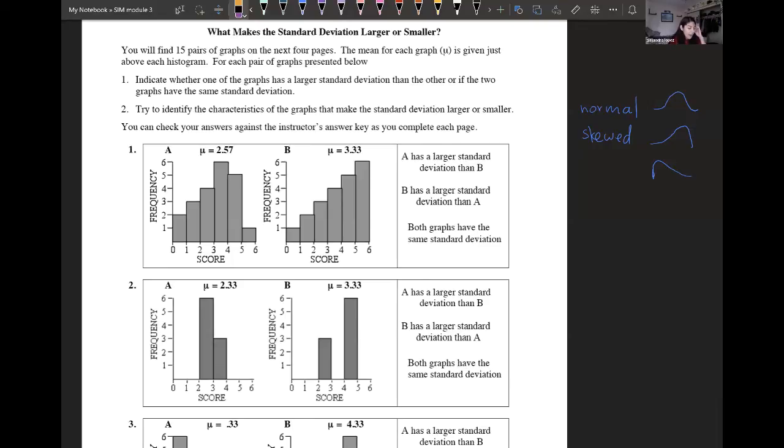What about 1A? That one's a little hard to tell, right? Because it kind of looks like it could be normal. It kind of looks like it could be a little skewed. So you see how, look at the end values. So this guy here goes up until 2, and this one goes to 1. So this one's much higher.